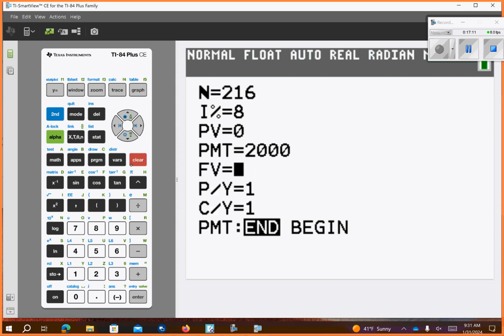Let me make sure I did my math right. Okay, I have 12 payments a year for 18 years. That gives me 216, 8% interest. Payment of $2,000. And I need to make that negative. Negative 2,000. I'm paying out $2,000.